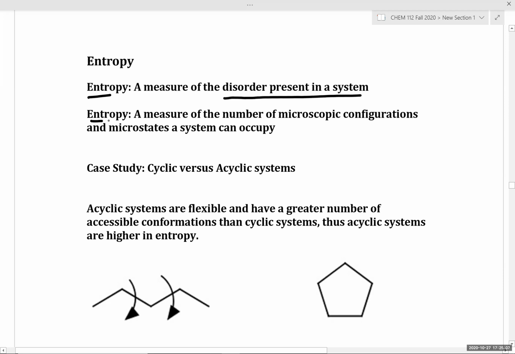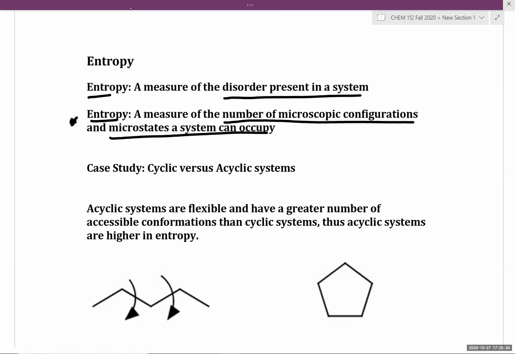Another definition that is more commonly used is a measure of the number of microscopic configurations and microstates a system can occupy. I like this second definition since it can help us more tangibly estimate the relative entropy of different organic systems.